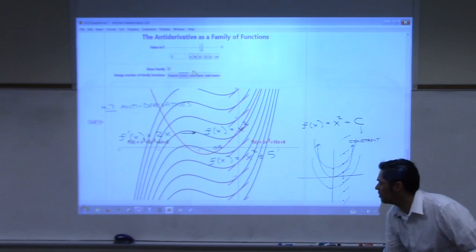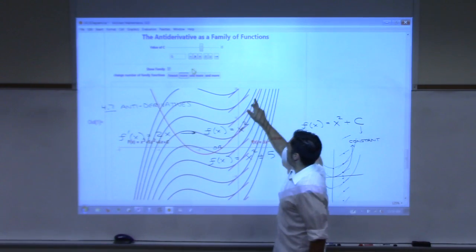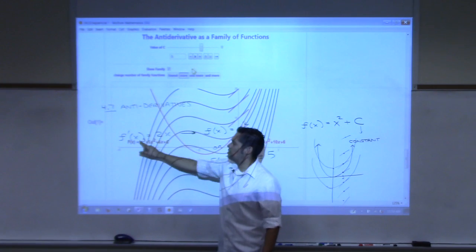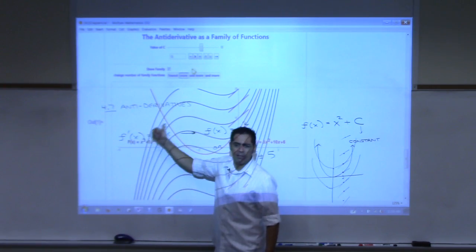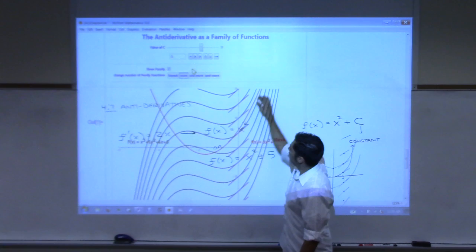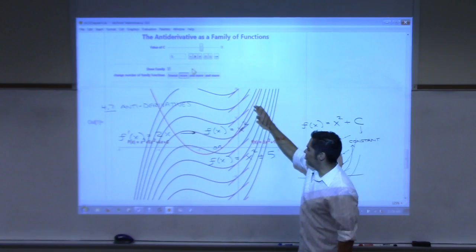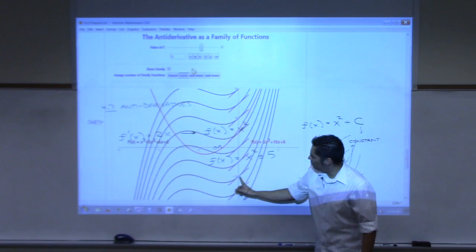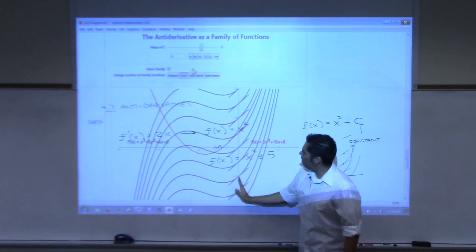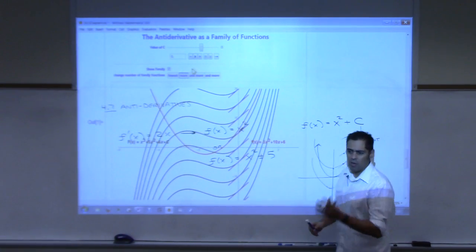It's a different example, but this red parabola is the derivative. The antiderivative, which is the function it came from, is any one of these black cubic functions. And if you look at all these black cubic functions at the same x value, they all have the same tangent, the same slope.